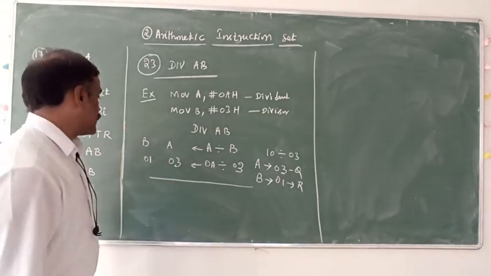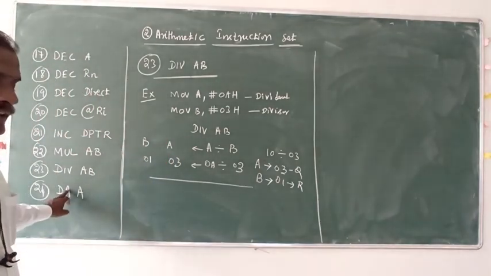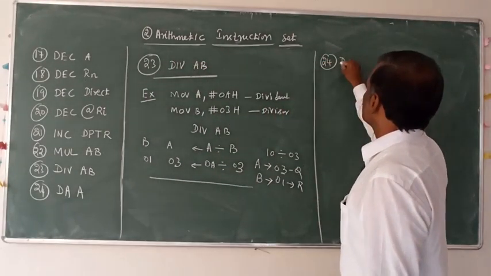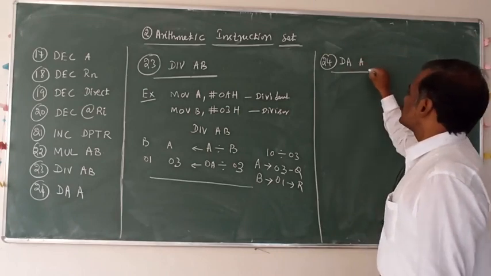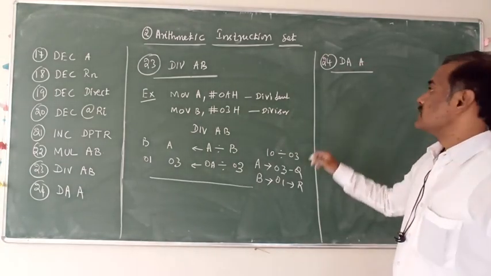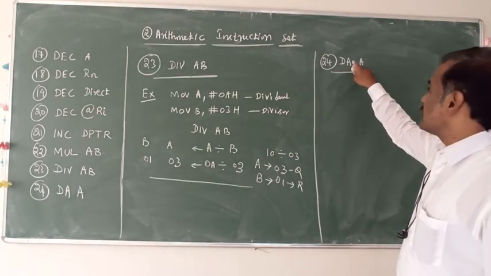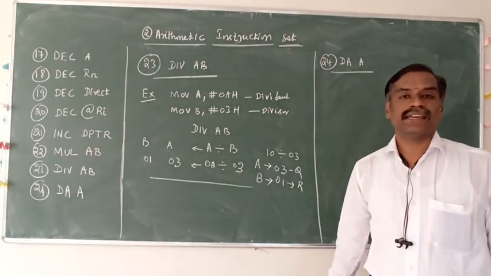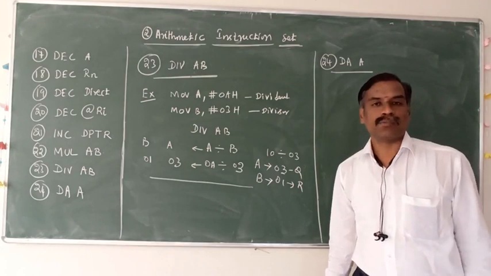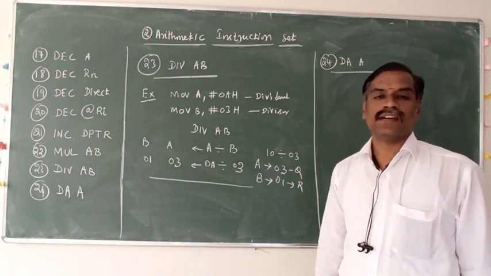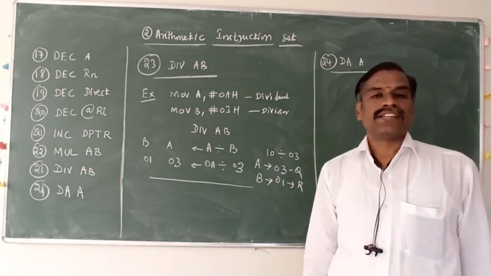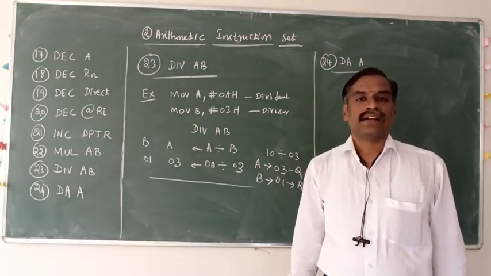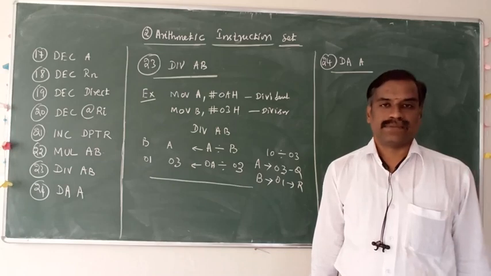Okay. And last instruction, 24, DAA. DAA means decimal adjustment of the accumulator content. In microprocessor or microcontroller, addition, subtraction, multiplication, division, the result is available in hexadecimal format.